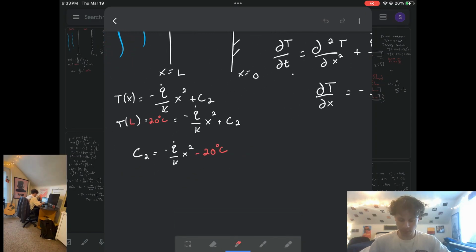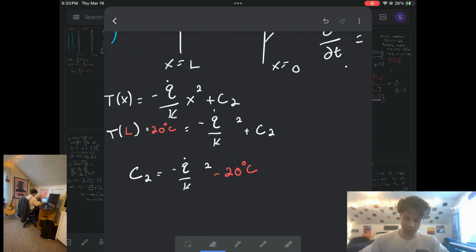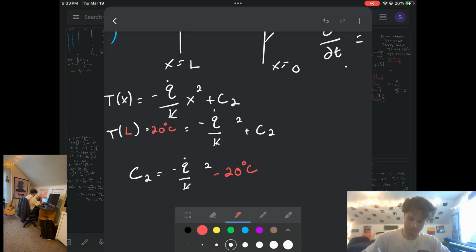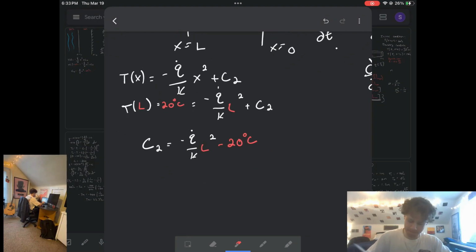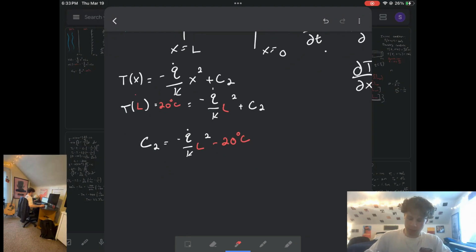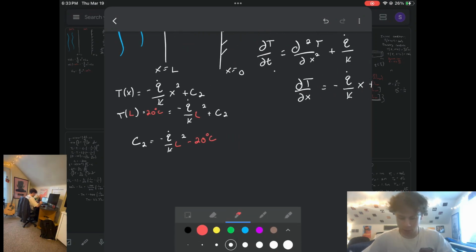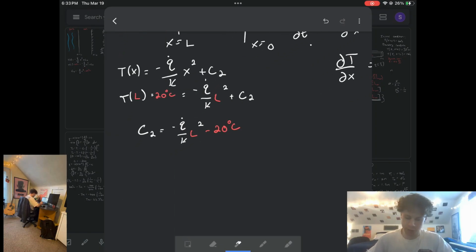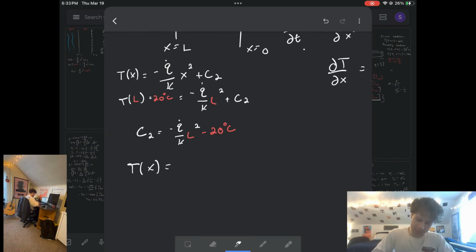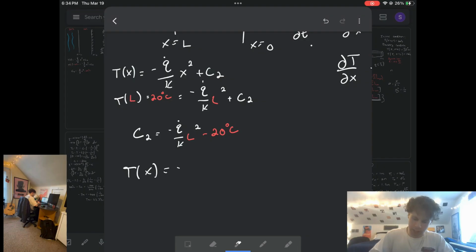So with this, and this is actually, x will be specifically at x equals L. So actually, using this in our equation for our temperature profile, we'll get T(x) is equal to our negative heat generation divided by our thermal conductivity times L squared plus our C2 term.